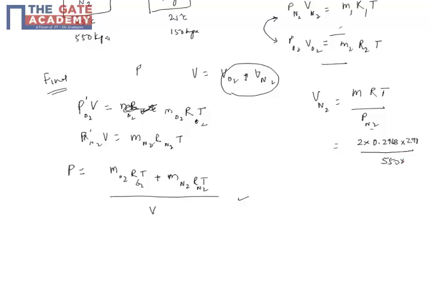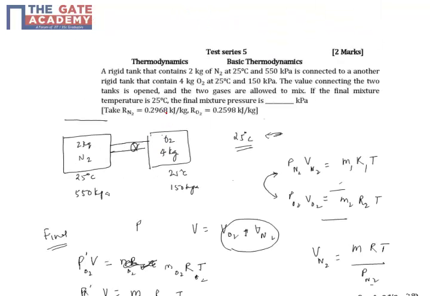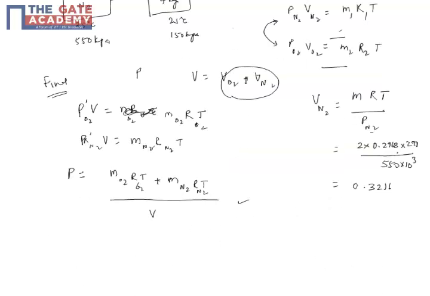So the volume we get is 0.3216. There is no need of 10 power 3 because this R is given in kilojoules, so it has to be kPa only, because that 10 power 3 and this 10 power 3 get cancelled.